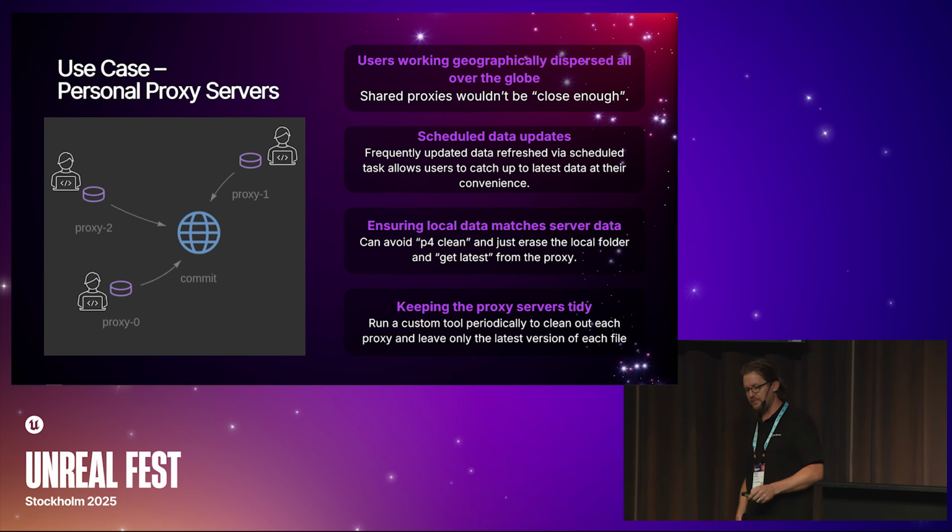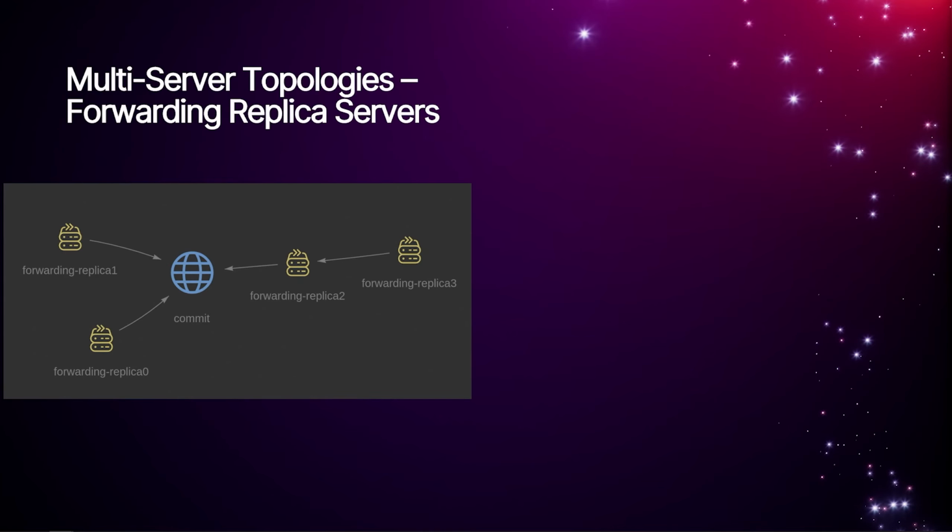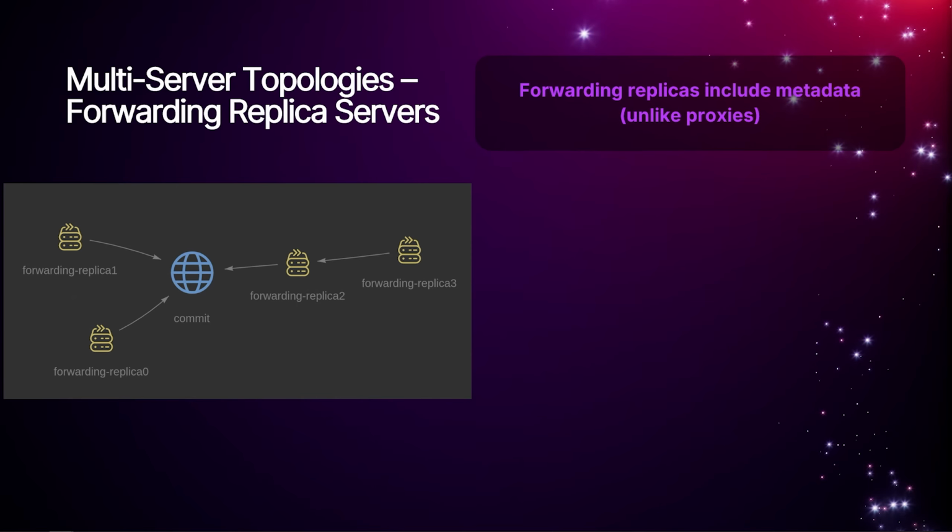Okay, so then moving on from proxy to the next one in the complication or the level of complexity chain is forwarding replicas. So again, here what you're gonna see is that middle blue server can either be commit or standard still at this point, but forwarding replicas bring metadata into the mix.